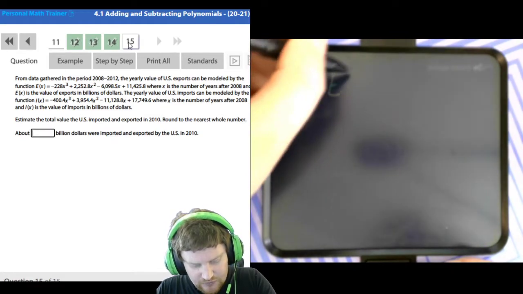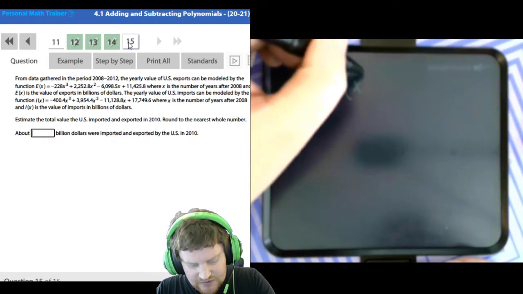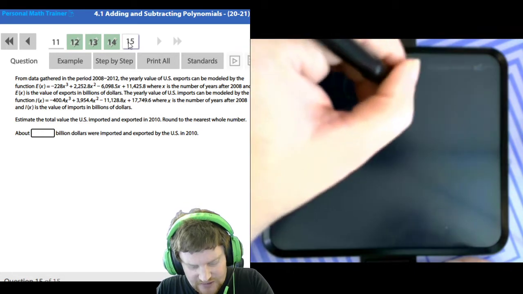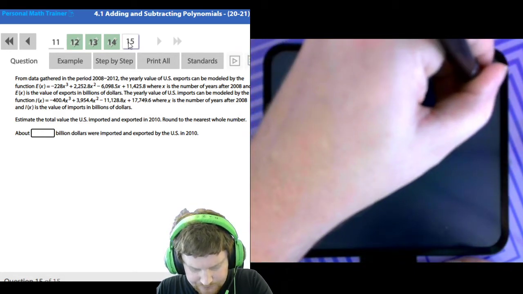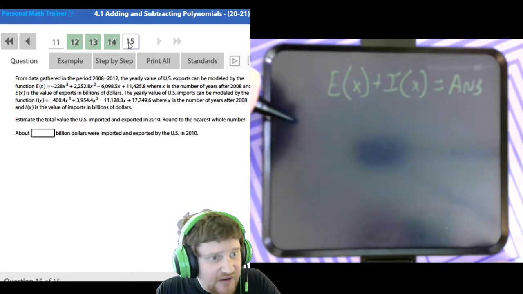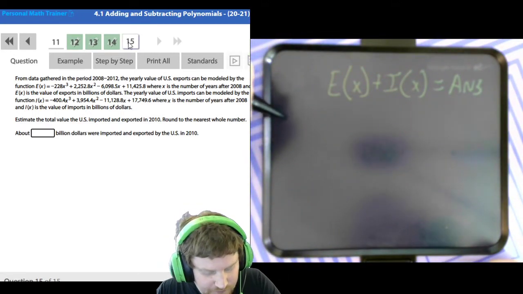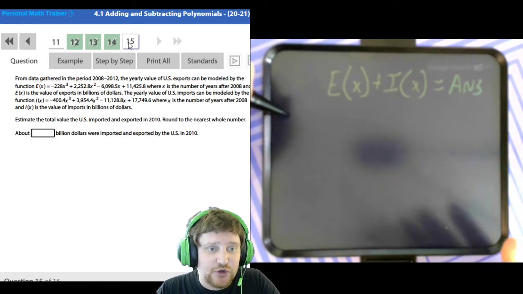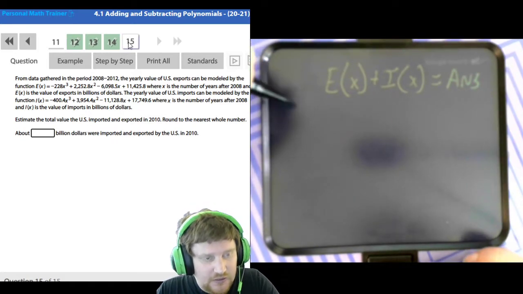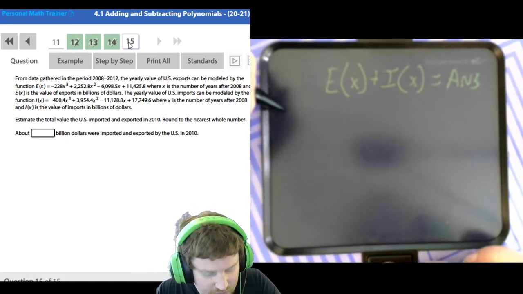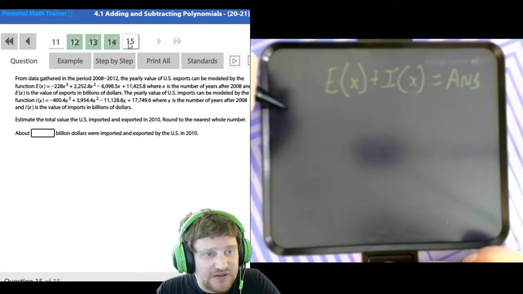So we know we're looking for E of x plus I of x, and that's our final answer. But E of x gives us, and x in this case is 2 because they're asking about 2010, which is 2 years after 2008.